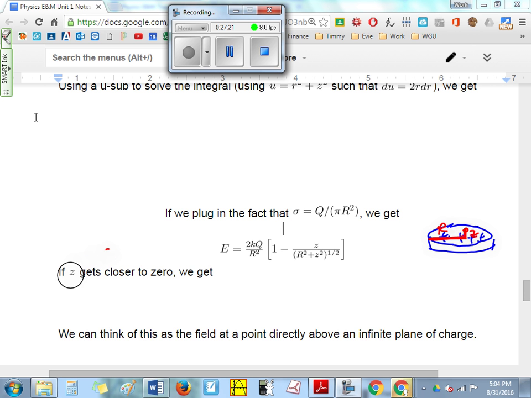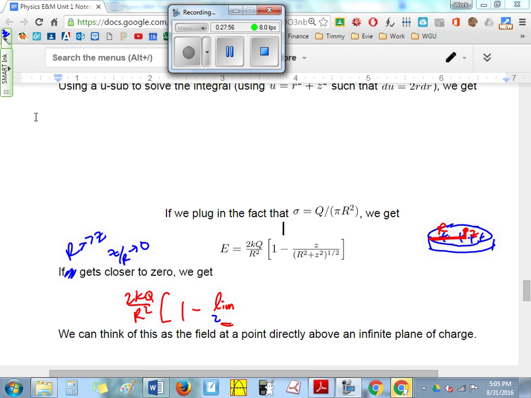So what happens is, in this problem, you're doing the limit, but it doesn't really affect anything except this inside right-hand term. So we're going to do the limit as R is much, much bigger than z. Let's think of it as z over R approaching 0.